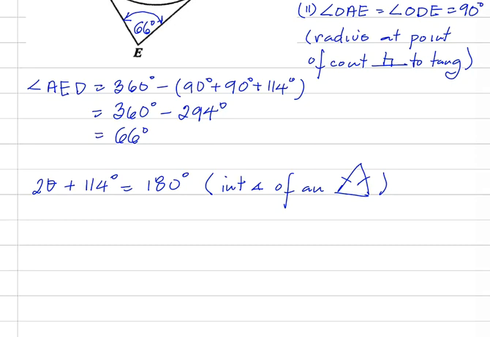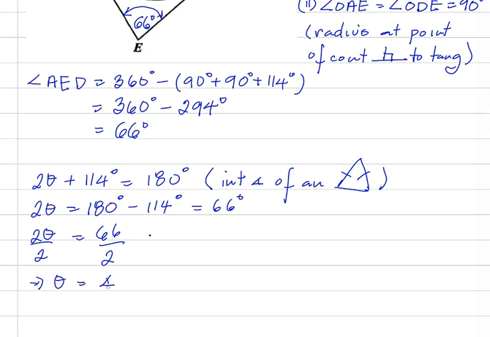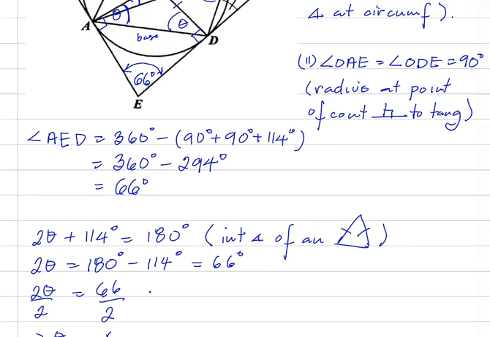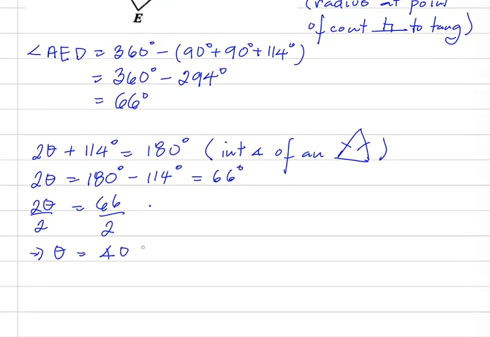So 2 theta would be equal to 180 minus 114, which is 66 degrees. Dividing both sides by 2, theta would be equal to 66 over 2. So therefore theta, which is angle OAD, is equal to 33 degrees.